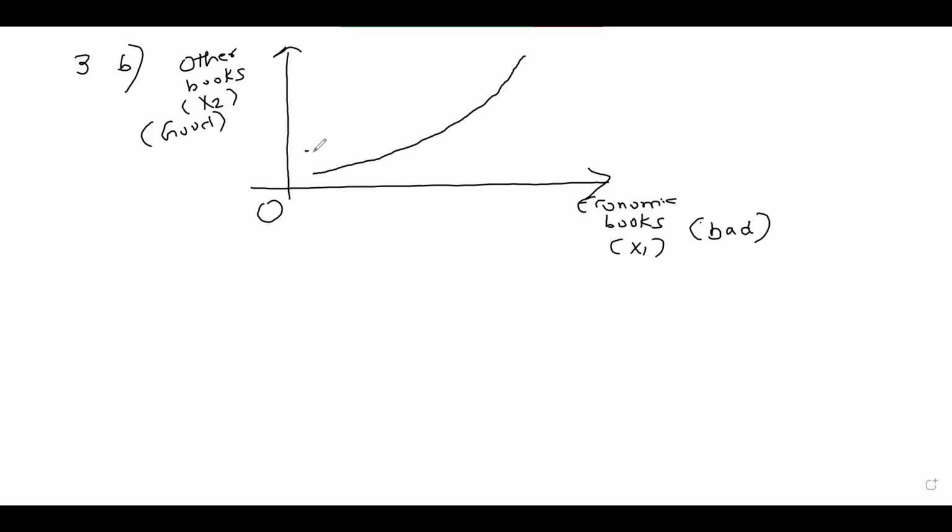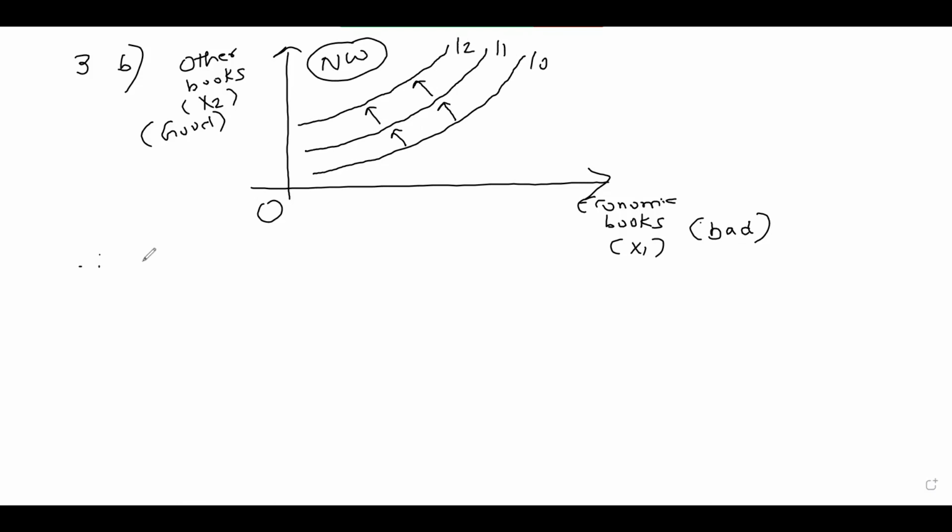And your direction of preference is now northwest. Because you always want to reduce the bad and you want to increase the good. Northwest is my direction of preference. So higher indifference curves are increasing in the northwest direction.